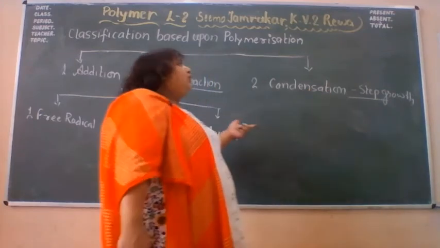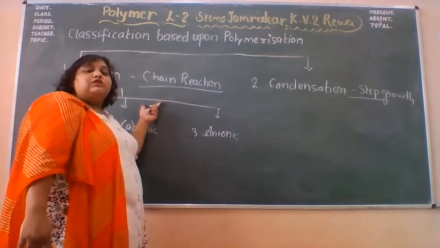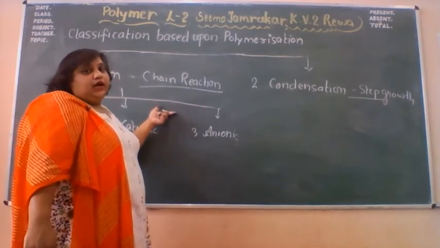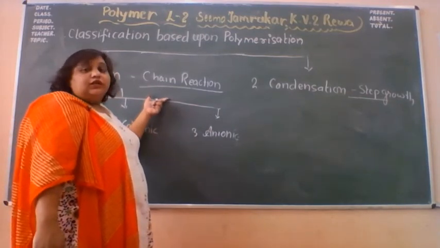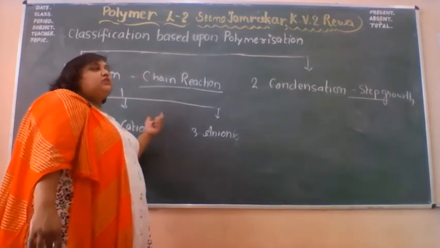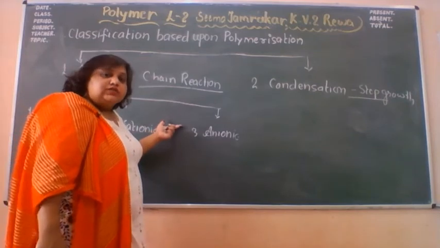Yesterday also I taught you that the addition process is mainly for the unsaturated kind. Unsaturated compounds undergo the addition reaction preferably, because they want to convert themselves into the saturated one.